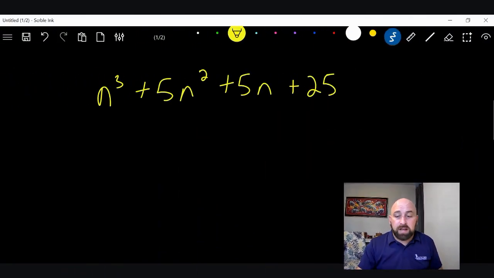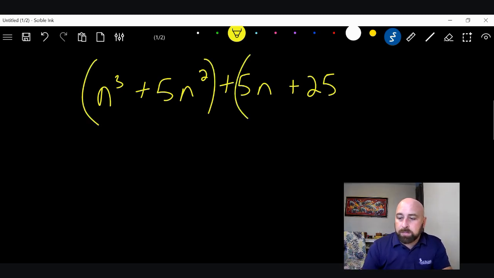Let's do n cubed plus 5n squared plus 5n plus 25. Now we want to group this. First of all, we want to put it in order. It's already in order, so now we can just group it. Now we look for the common factors. There's an n squared there, so the n squared is going to come outside.